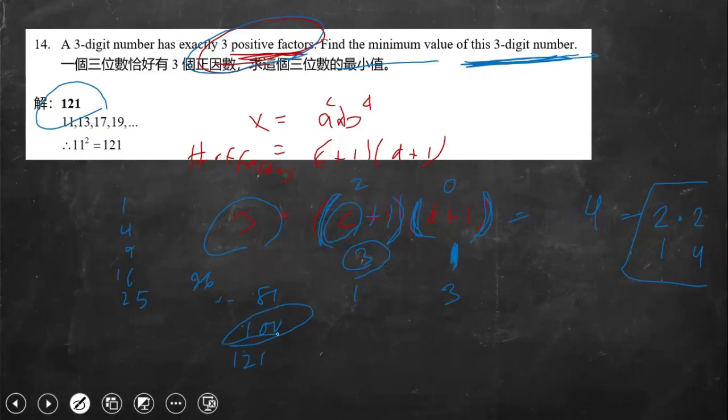Because it's not the square of a prime number. The prime factorization of 100 is 2 squared times 5 squared, so the number of factors is not 3. So 100 is not the answer. Remember that for a number to have 3 positive factors, it has to be the square of a prime.